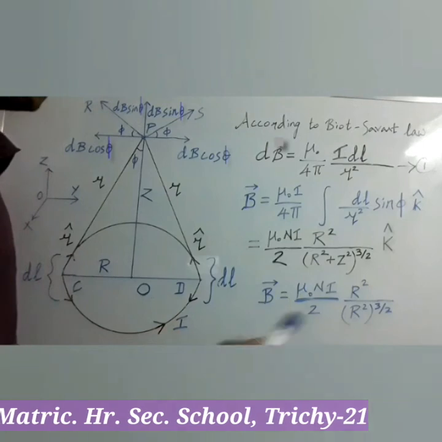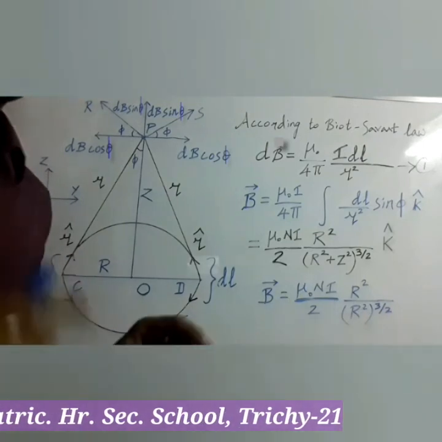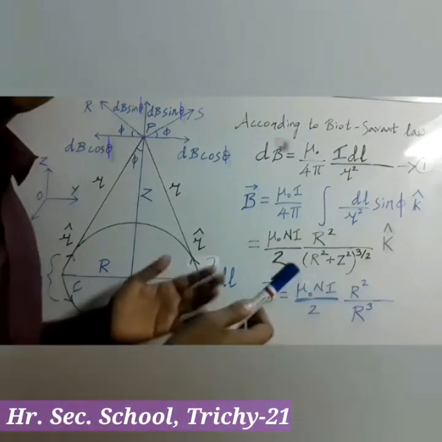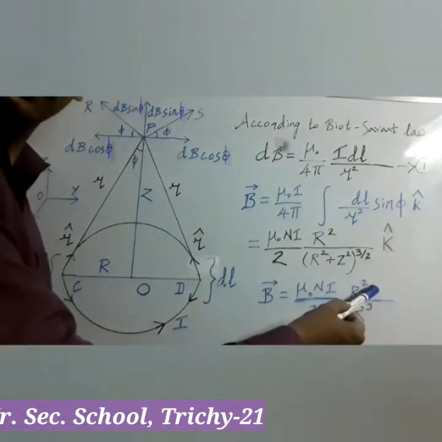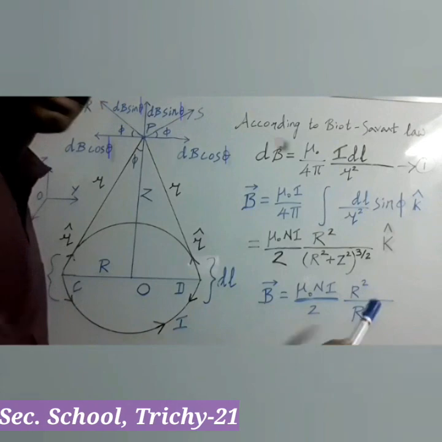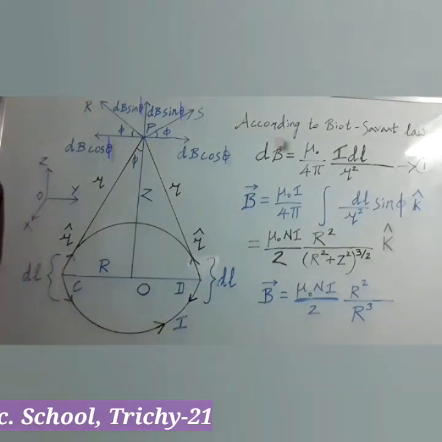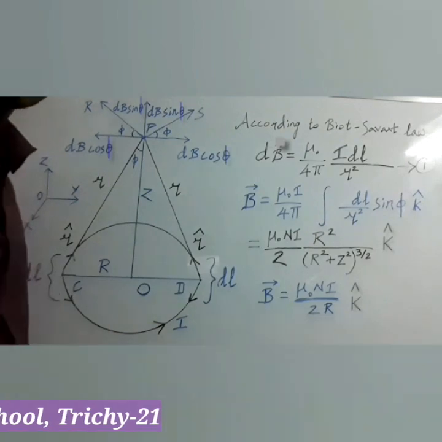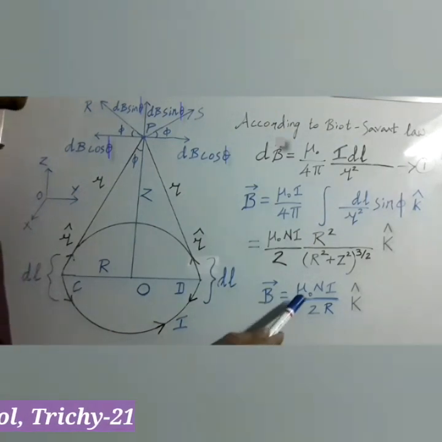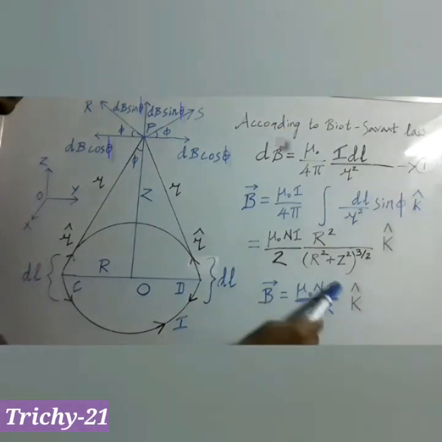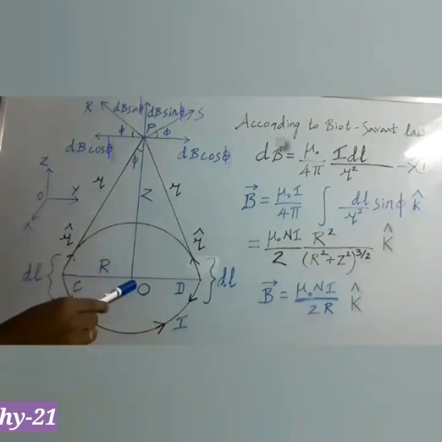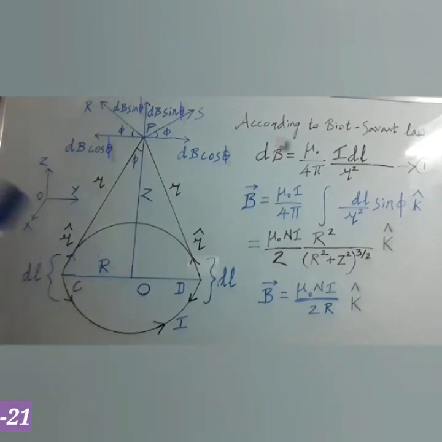So what is the new expression? In the denominator R cube is there. So R square and R cube can be cancelled. In the denominator, R will be there. Here the magnetic field B vector is equal to mu naught N i by 2R. So it is the expression for the magnetic field at the center of the circular coil carrying the current.